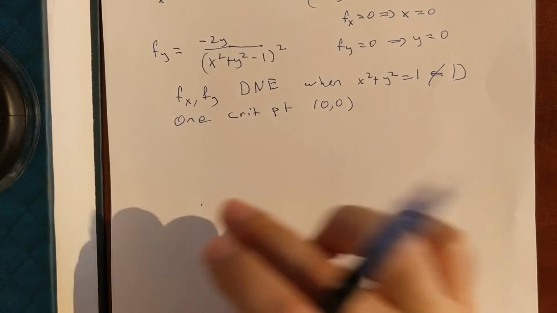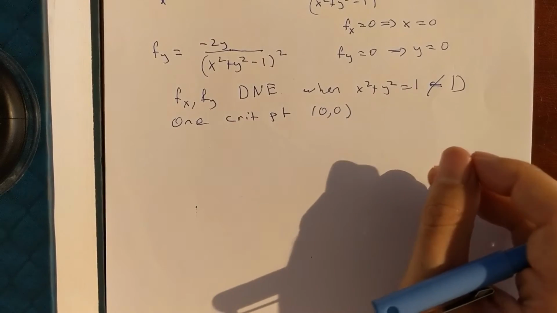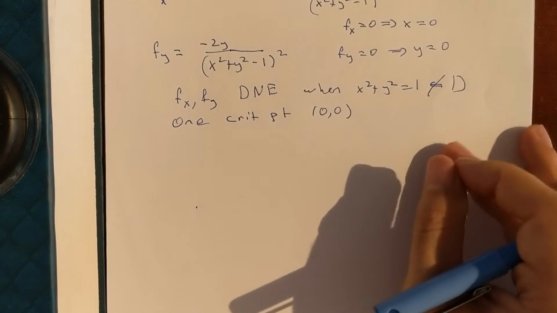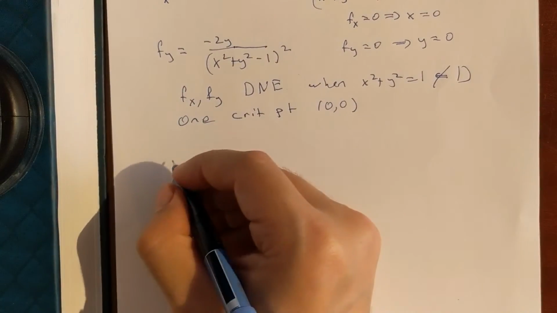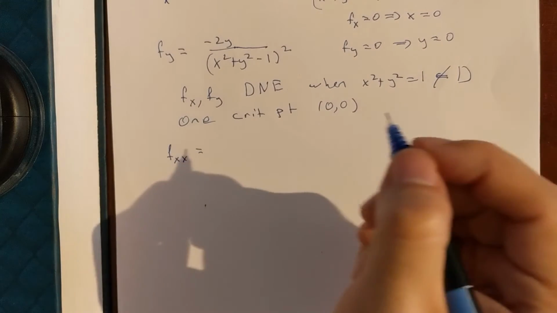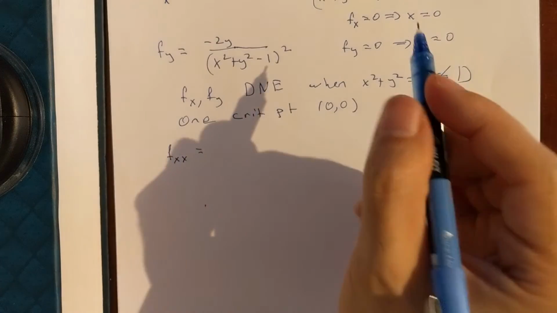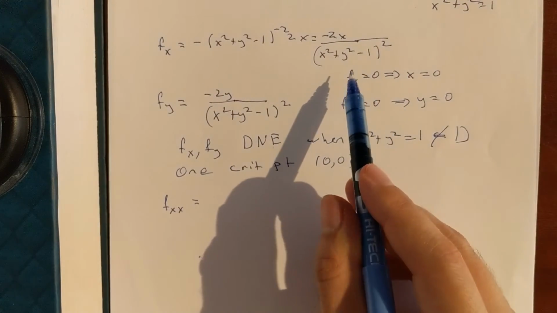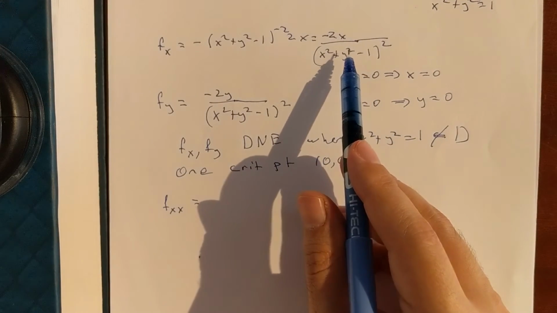So we need to calculate the three second derivatives, f xx, f yy, and f xy. Let's do this. What is f sub xx? The second derivative with respect to x. Well, I have to take the derivative of this, and I'm going to have to use the quotient rule.